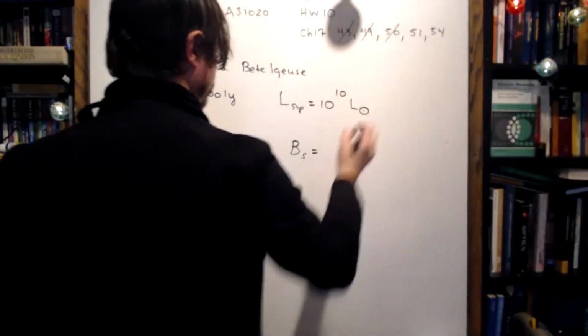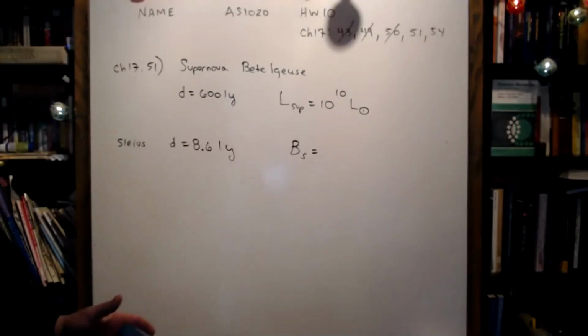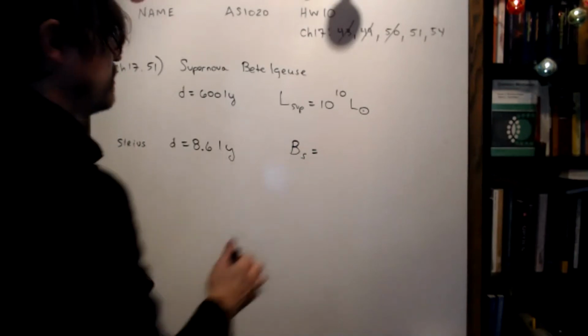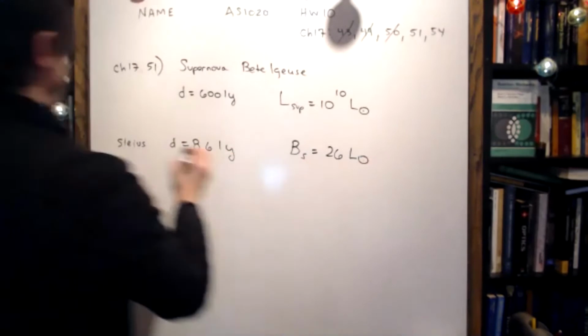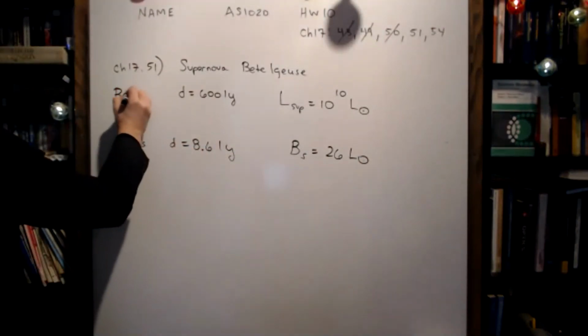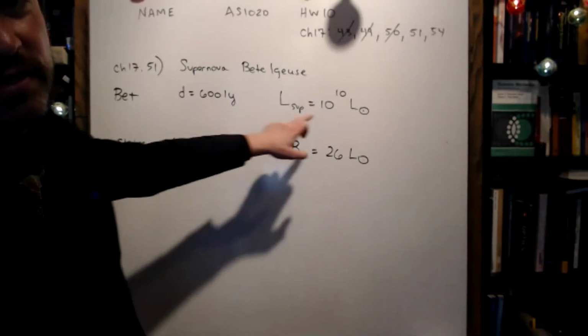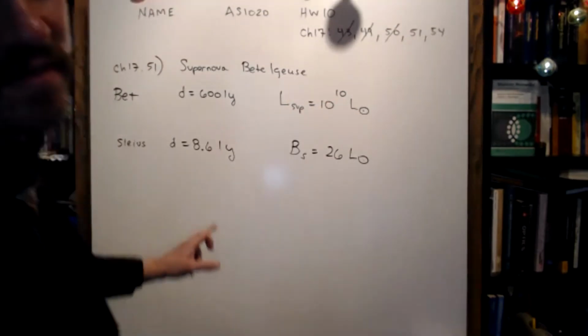Solar luminosity units, or solar luminosities. What did they give us as the brightness of Sirius? Was it 26 solar luminosity units? Yeah, correct. So Betelgeuse as a supernova will still have a distance of 600 light years, but its luminosity will jack up to 10 billion suns.